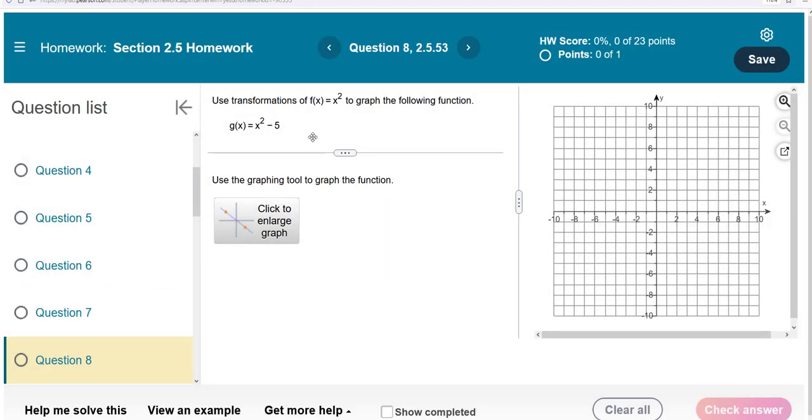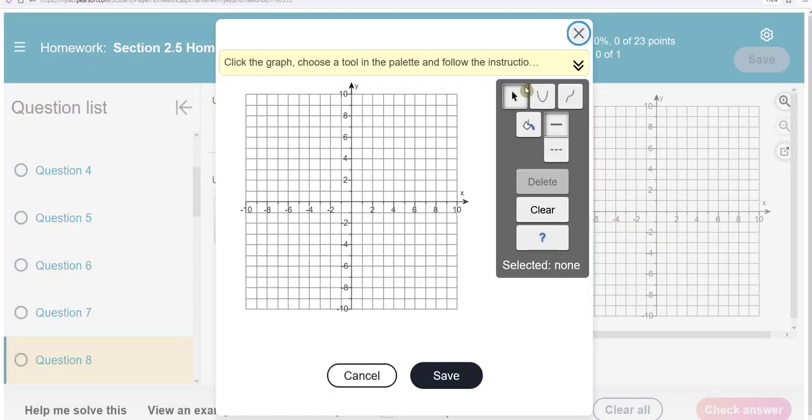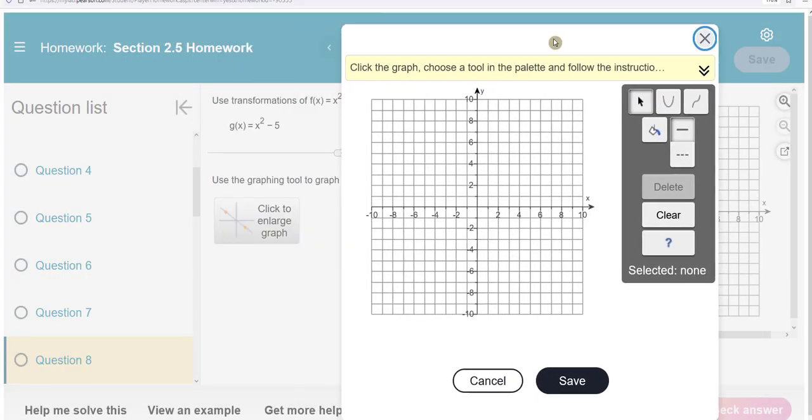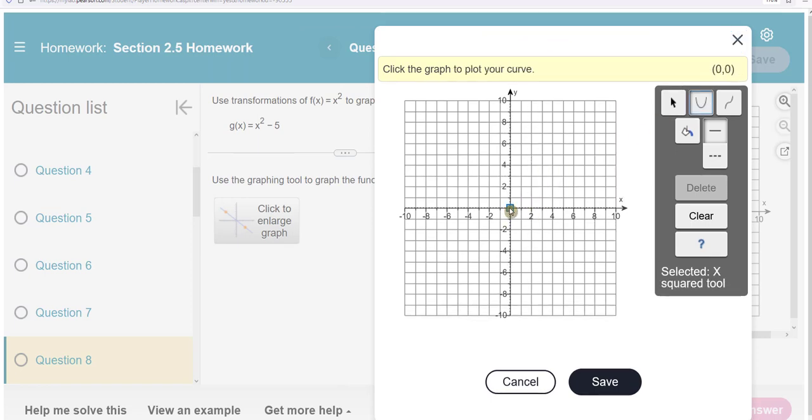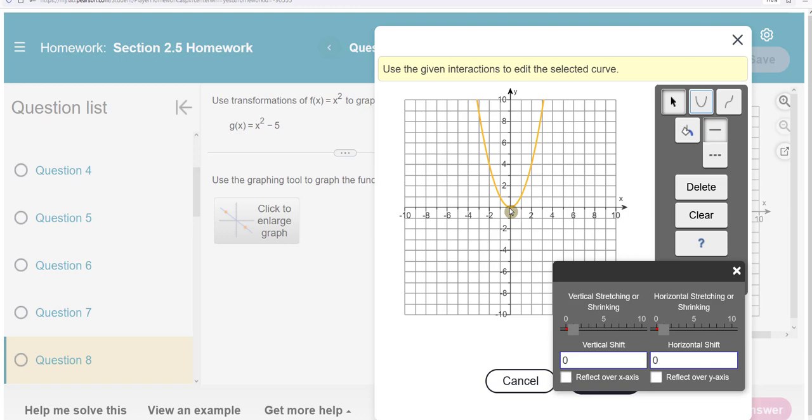So in this one, they want you to do a transformation. You're going to start off with x squared and then -5. So once again, it's a parabola, but when you do it on this one, you're going to hit the parabola, and I go right here at the origin, and my parabola opens up. I don't have to plot additional points. But on here it says -5.